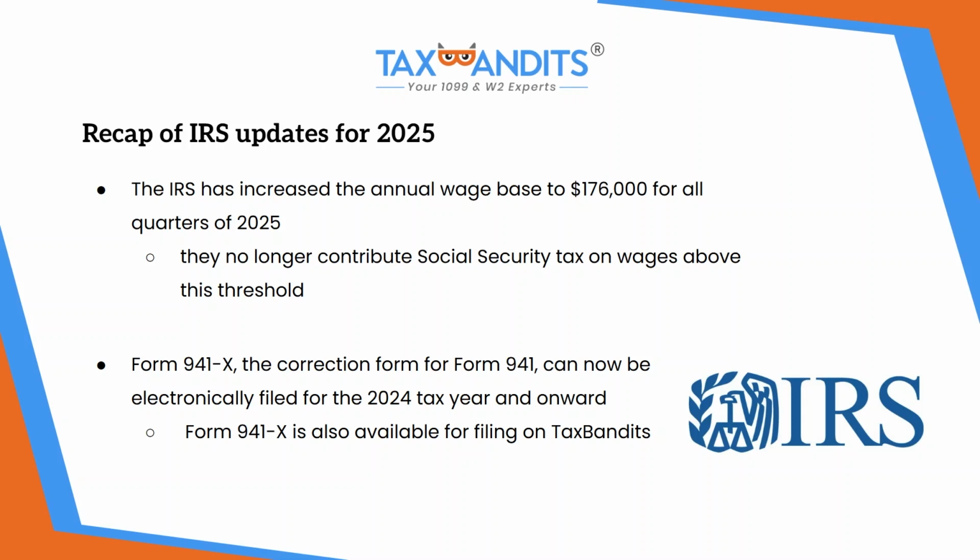Fortunately, the IRS has also enabled Form 941X to be electronically filed for the 2024 tax year and onward, making the correction process even more streamlined. And yes, Form 941X is also available for filing on TaxBandits.